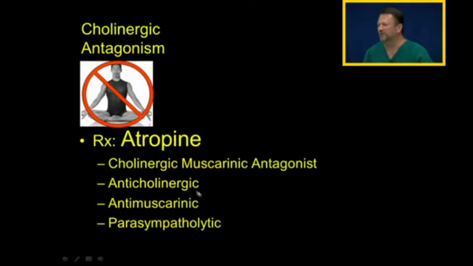And this is what confuses everyone, because you'll read something that describes atropine as a muscarinic antagonist, you'll read something else that describes it as antimuscarinic, or something will describe it as anticholinergic. You might see something else that describes it as parasympatholytic, and all of those terms mean the same thing. So atropine is one of the most important drugs that you can understand as an acetylcholine blocker, anticholinergic.